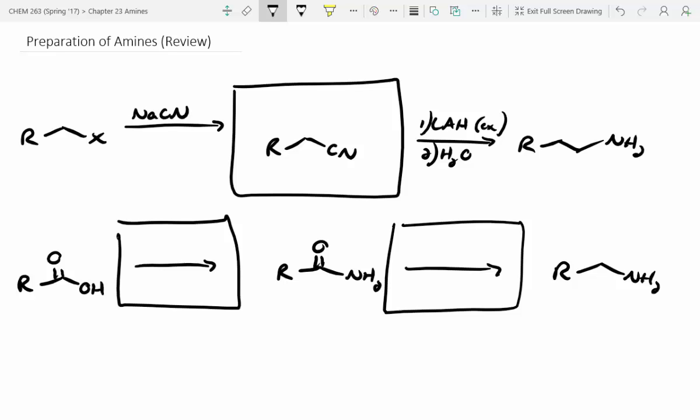For step 1, we can't treat it with ammonia right away. Ammonia will just deprotonate your carboxylic acid. Let's make it into an acid halide, followed by NH3 in excess. That's our nucleophilic acyl substitution, and it also acts as our base, so we need more than one equivalent.